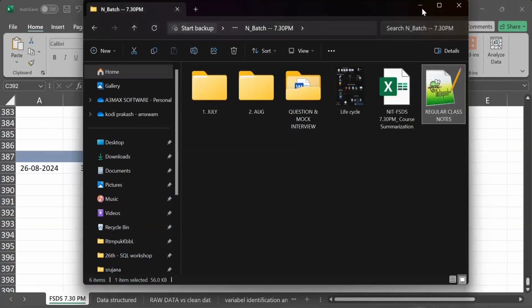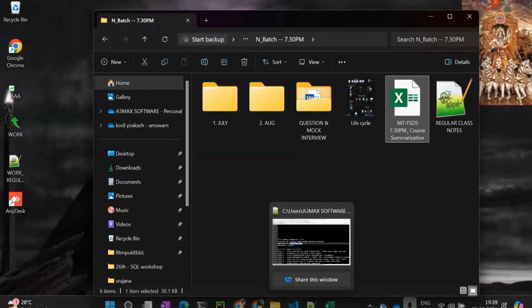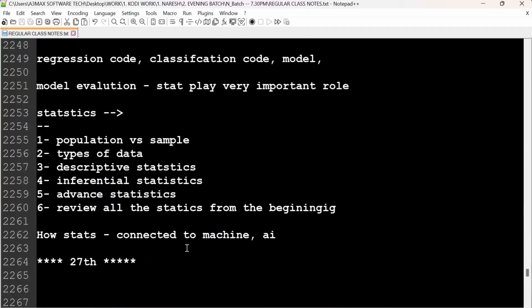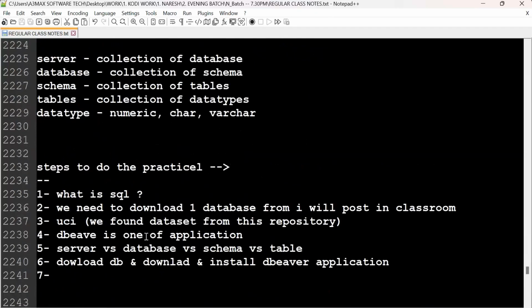One second. Just minimize and go here. Okay.